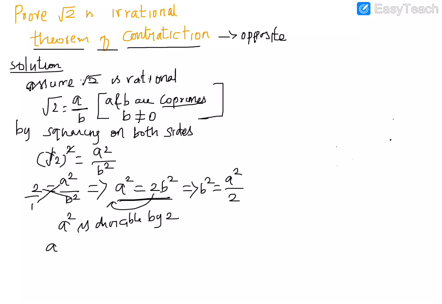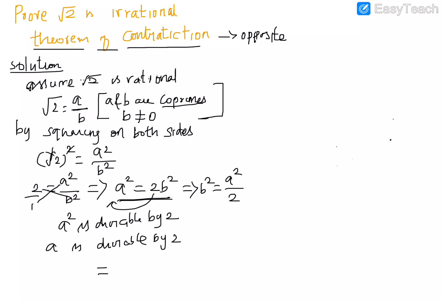Yeah, of course, a is also divisible by 2. Why? Because a square is a into a, right? So if a equals 2 into 2, it must be divisible by 2. So a is also divisible by 2. Okay, I hope you understand very well.